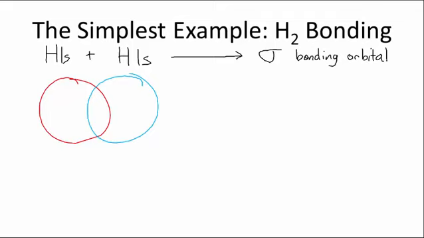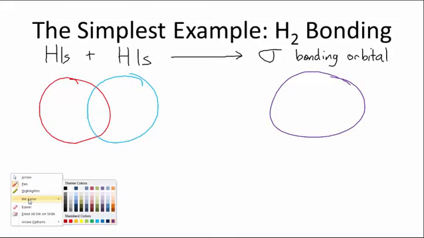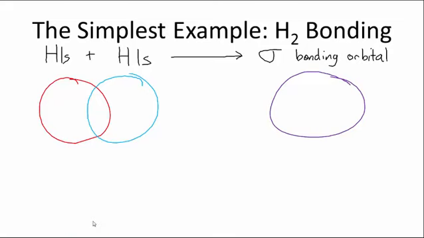Well, in the area where they're overlapping, it should get bigger. So my sigma bonding orbital is going to look kind of like this, and if I put in the two nuclei, what we would find is now there's more electron.